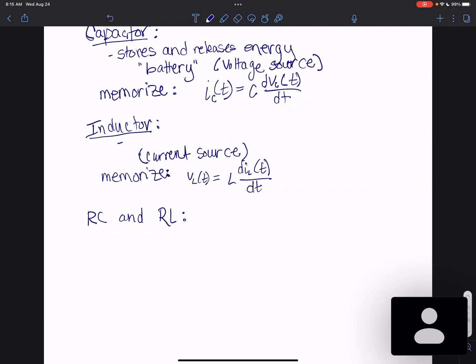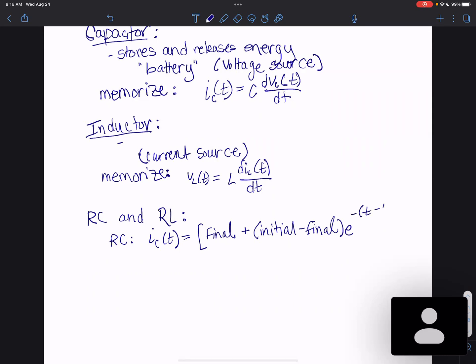For an RC, it was a description of current, and the general form was a final value plus an initial value minus the final value, e raised to the minus t0, where t0 was a starting time, over tau.